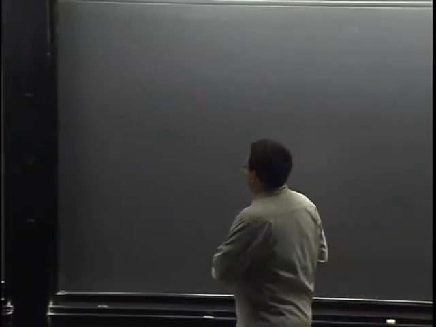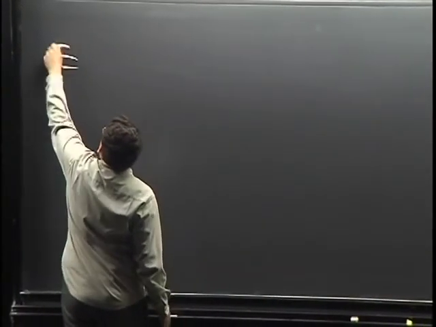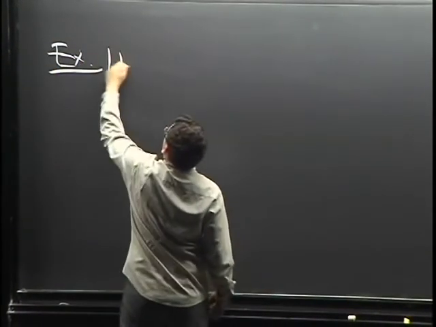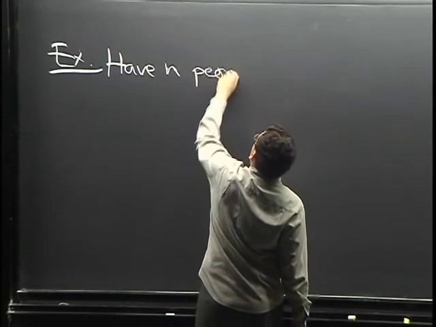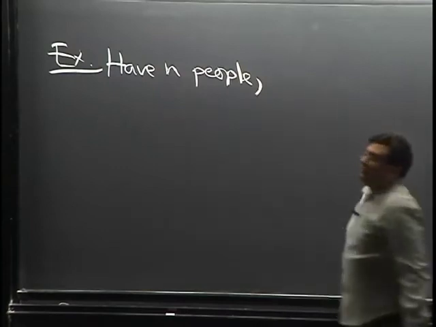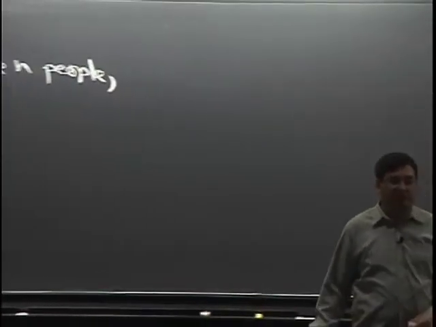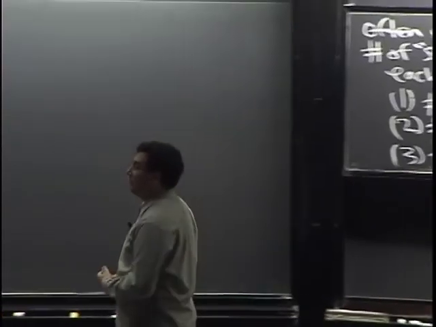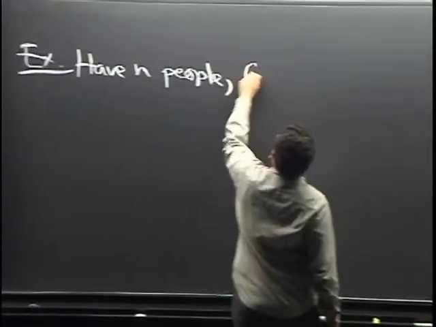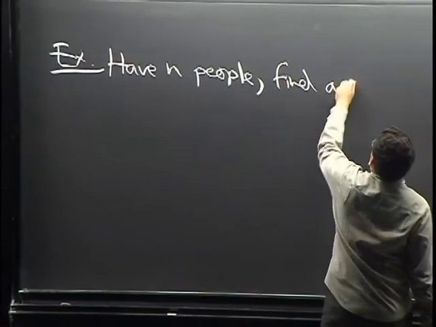Okay, but now suppose we have, so the example is, let's say we have n people, and we want to know the probability that there are 3 people with the same birthday. And we only need to do it approximately.